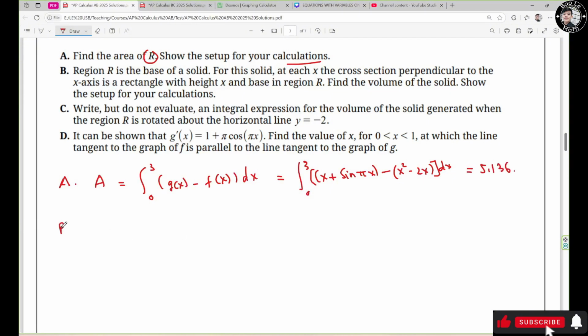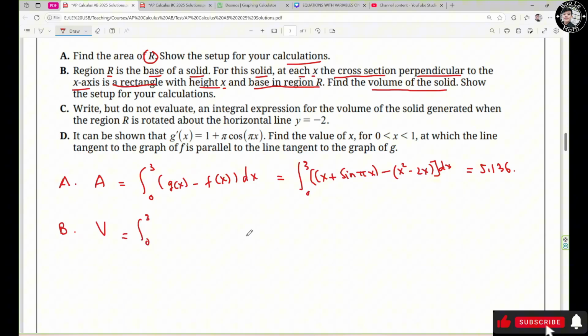Now question B. The region R is the base of a solid. For this solid, the cross-section perpendicular to the x-axis is a rectangle with height x and base in region R. Find the volume of the solid. Technically, volume equals the integral from 0 to 3.